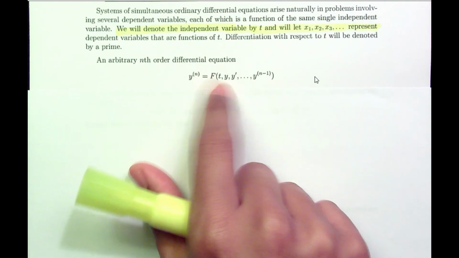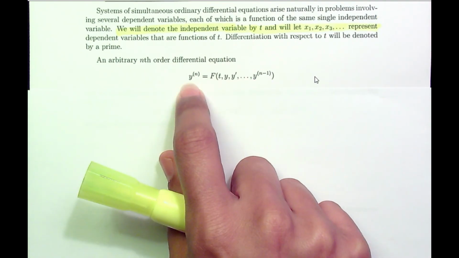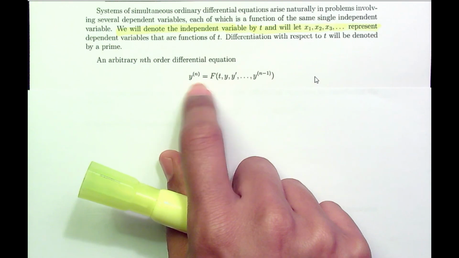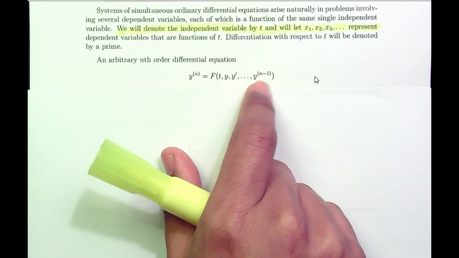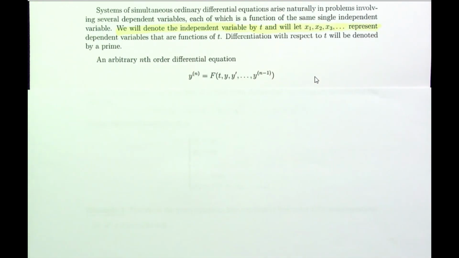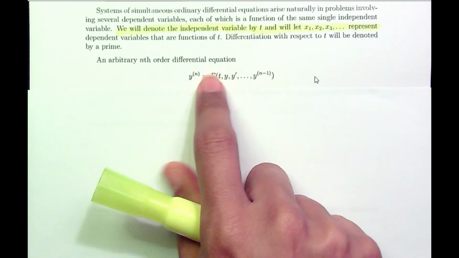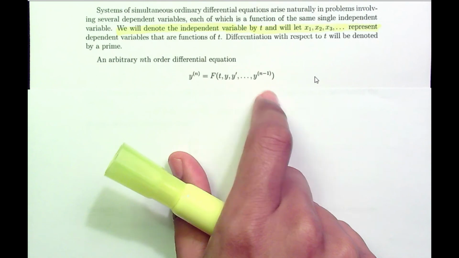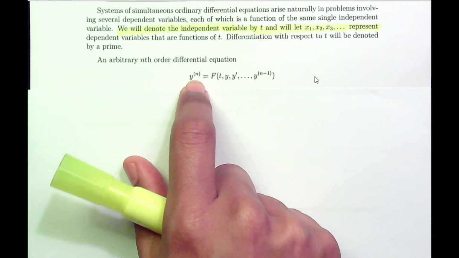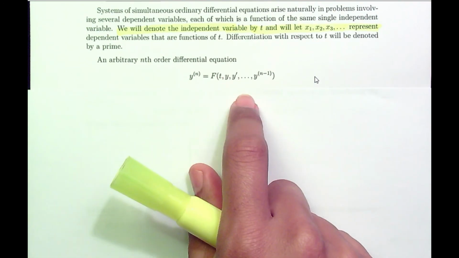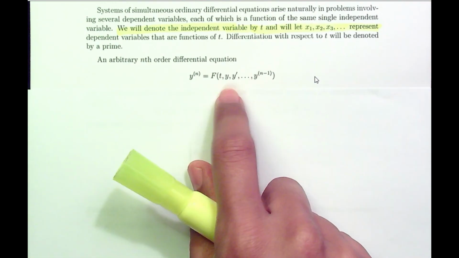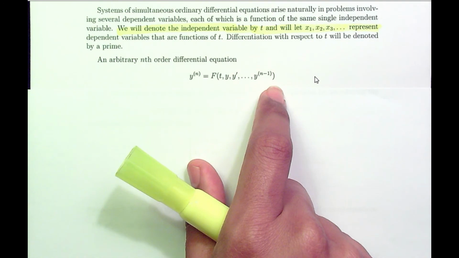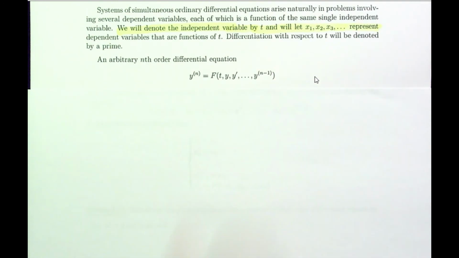And if you had something in front of it, you could divide by it. So you could write any arbitrary nth order differential equation like that. Here, you have an expression that has all the other derivatives that are of lower order than that one, and t. So everything else that has all these variables is on the right.